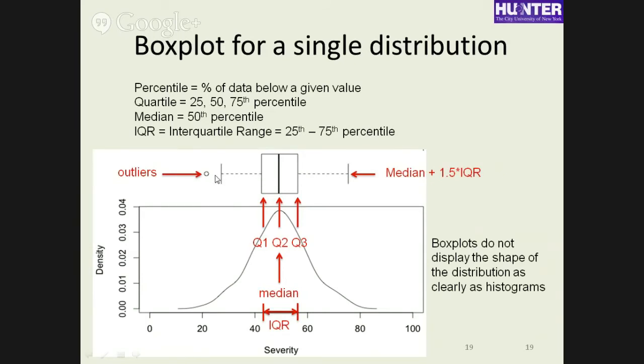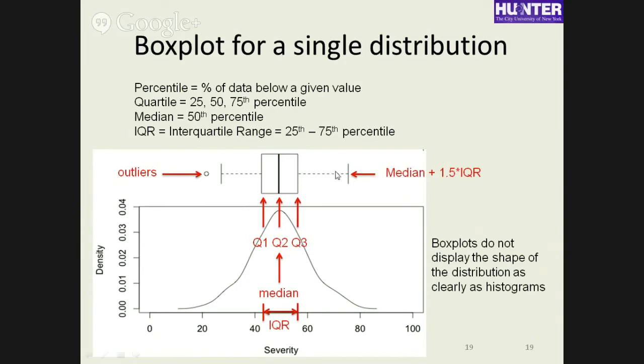And then you have these whiskers that extend out by a specified amount. It goes out either to the furthest data point, the most extreme data point, or to the median plus 1.5 times the interquartile range, whichever is smaller. So it will go out beyond the most extreme data point if it's within this median plus 1.5 times the IQR.